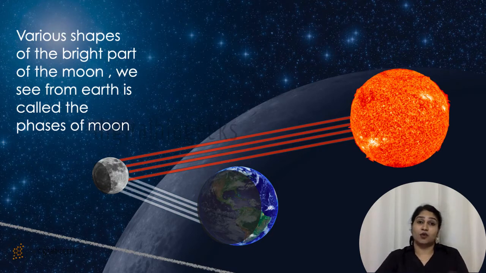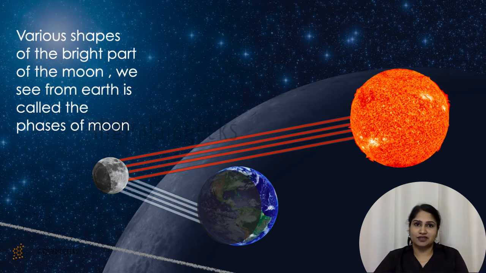Now let's discover what are the reasons behind the occurrence of these phases of moon. Moon has no light of its own. It reflects the sunlight falling on it. It reflects the sunlight towards the earth. We know that moon revolves around the earth and earth revolves around the sun.